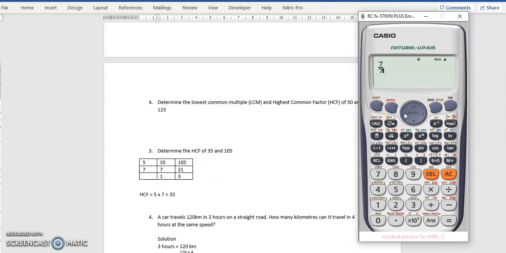Then this side, I'm changing this 7 to 21. What does 21 divided by 7 give me? 3. Are we together? We want the HCF, not the LCM. So what is going to be our HCF? 5 times 7, which is 35. You see that we don't include this one.